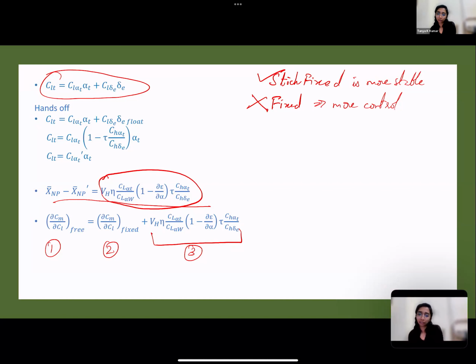Okay, let's just leave control out of this and tell me why. You're right, the first statement is true. Stick fixed is more stable. Why is it more stable? Why is stick fixed more stable? Just look at this last equation and try to tell me.